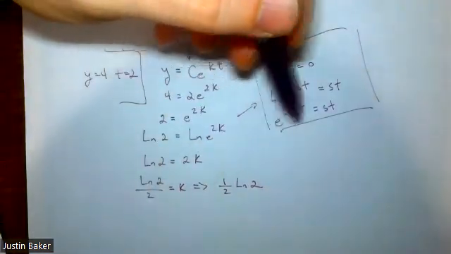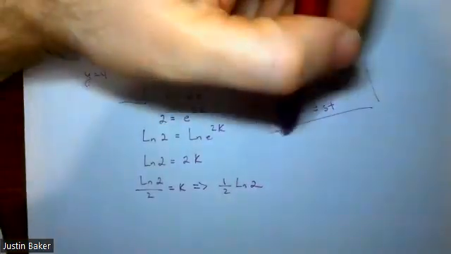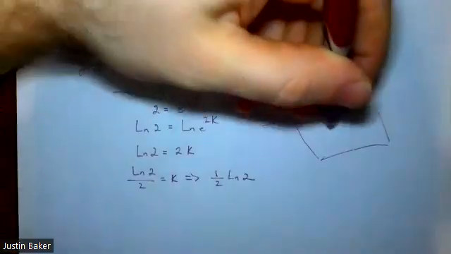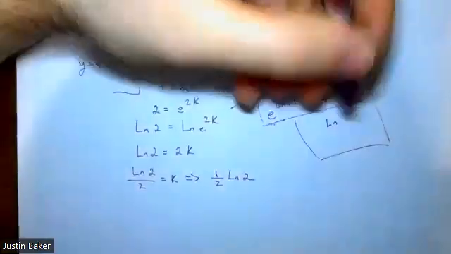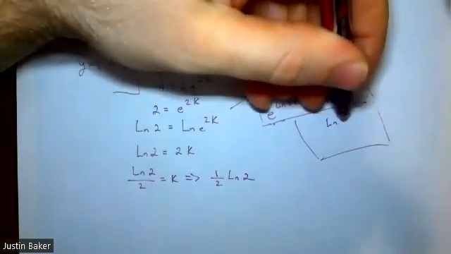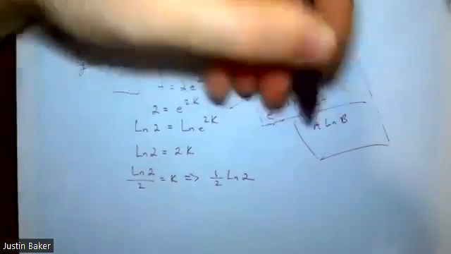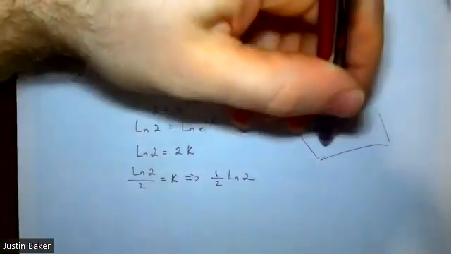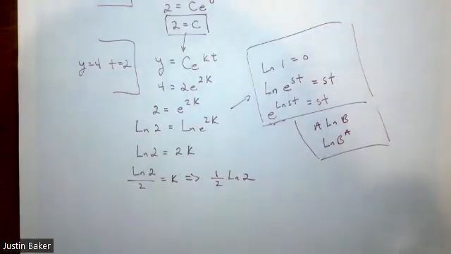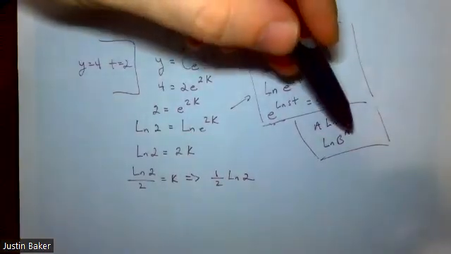Okay, we need to know a logarithm rule. Whenever you have a number in front of a logarithm, so like if I have natural log of, whatever, we'll just say b, and I have an a out front, this is the same thing as natural log of b raised to the a power. That's one of your logarithm properties.